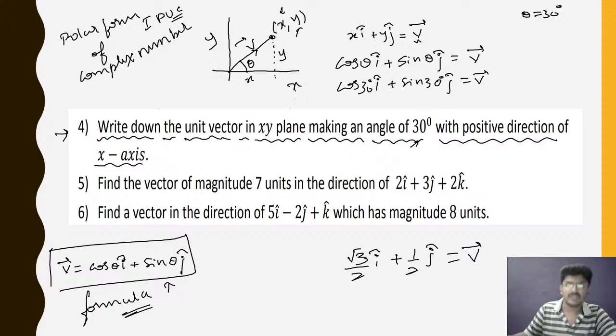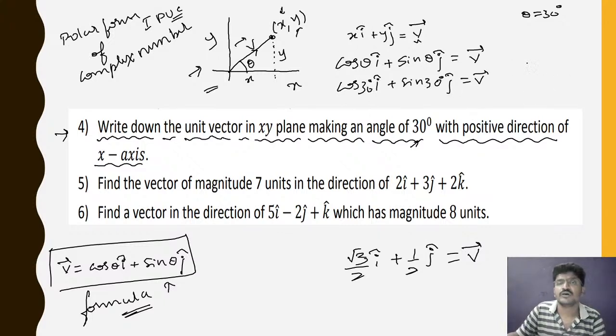Otherwise, if you want to know the concept behind this, you must know the diagram, and you can write it as x i cap plus y j cap equal to vector v. x is cos theta, y is sin theta. Cos theta i cap plus sin theta j cap equal to vector v.